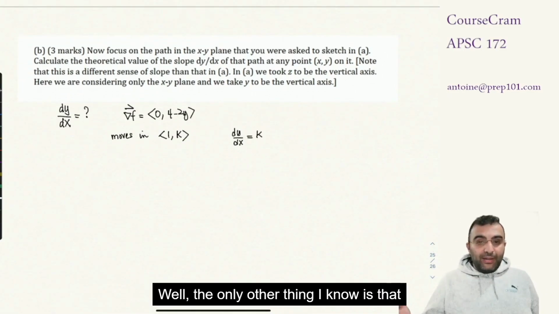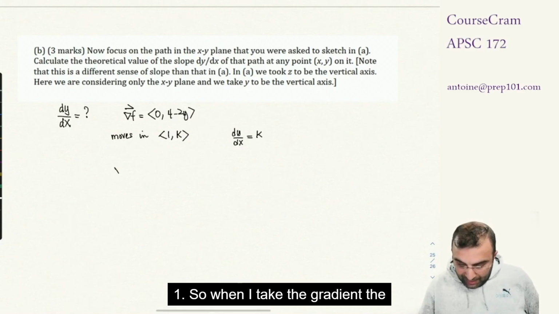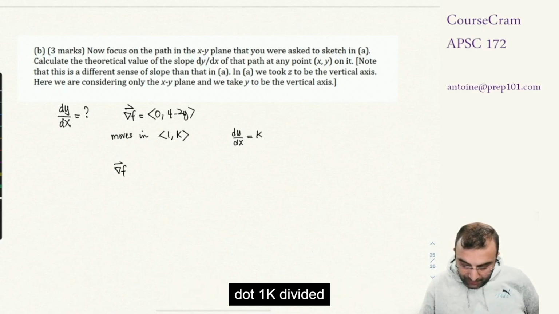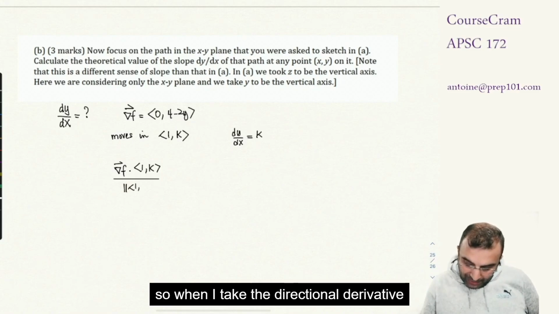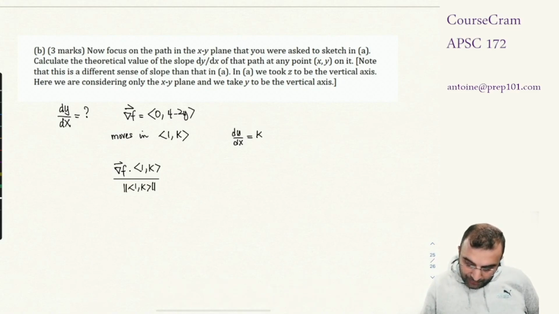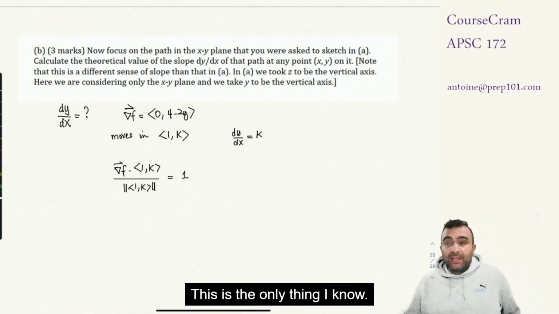Well, the only other thing I know is that the bug moves at slope 1. So when I take the gradient dotted with ⟨1, k⟩ divided by the magnitude of ⟨1, k⟩, the directional derivative, I'm supposed to get 1. This is the only thing I know.